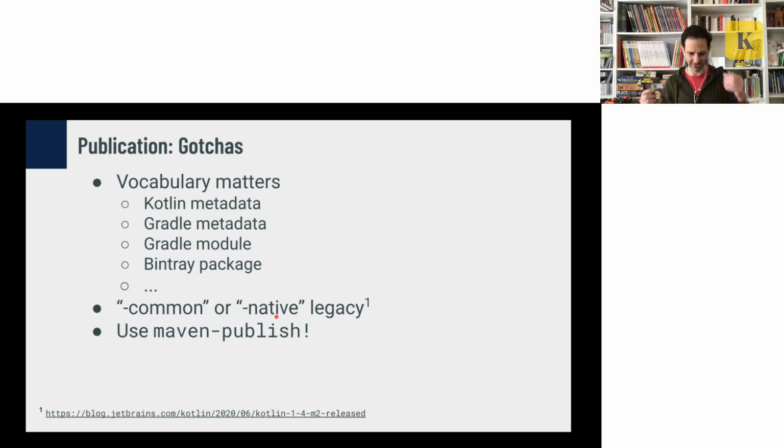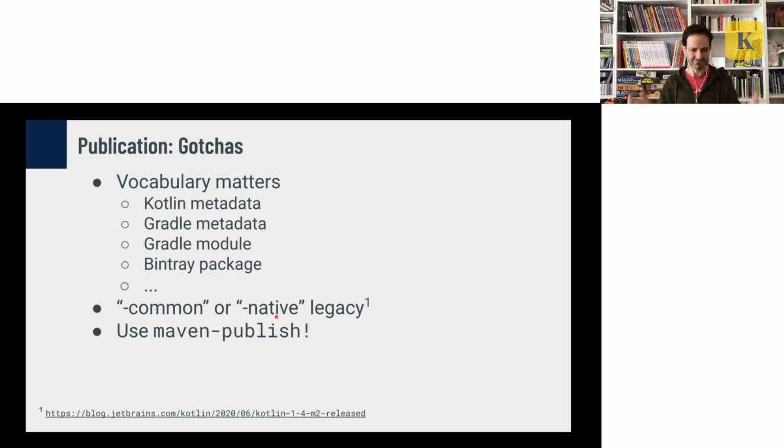And if you look at the release from Kotlin 1.4 from yesterday, the M2, they say that from now on, they will migrate to this new format. So it will be way easier to consume multi-platform libraries. And also, it's using the maven-publish plugin, so it's not that hard to publish them.